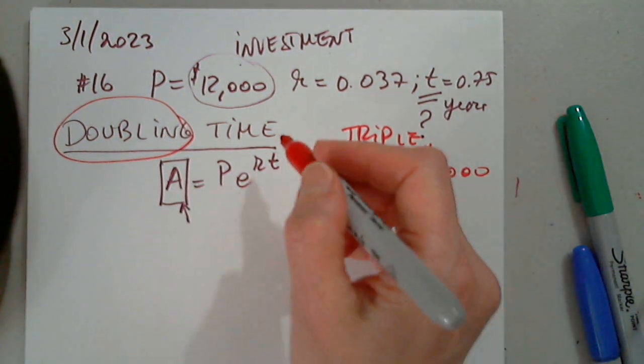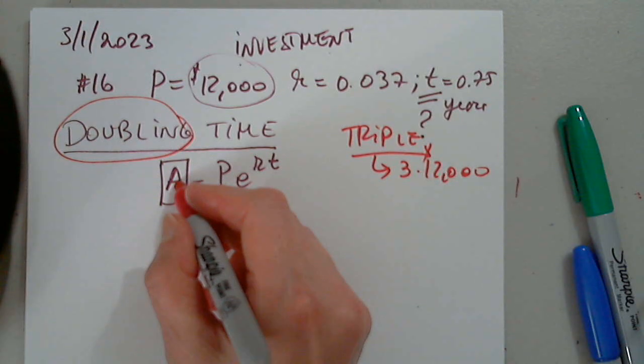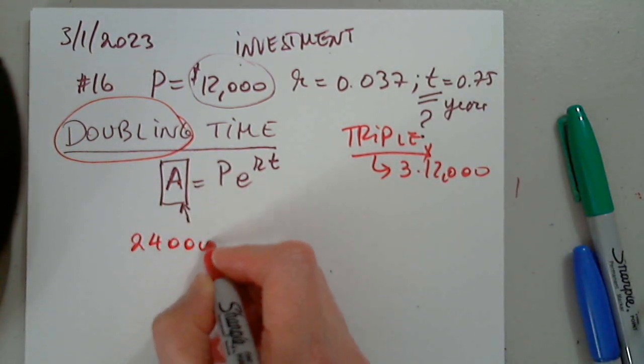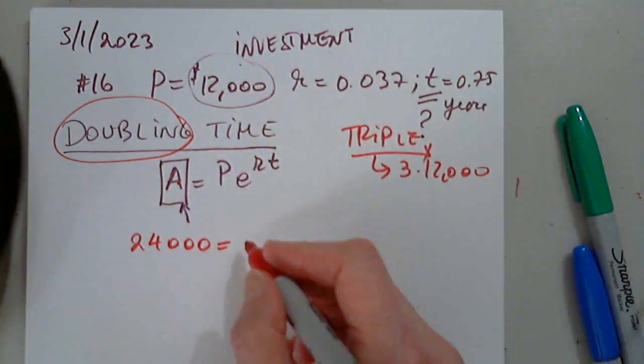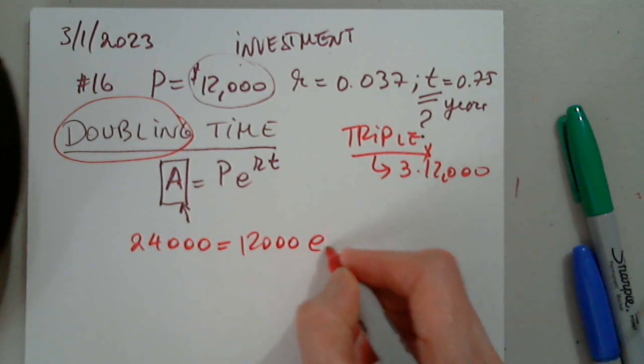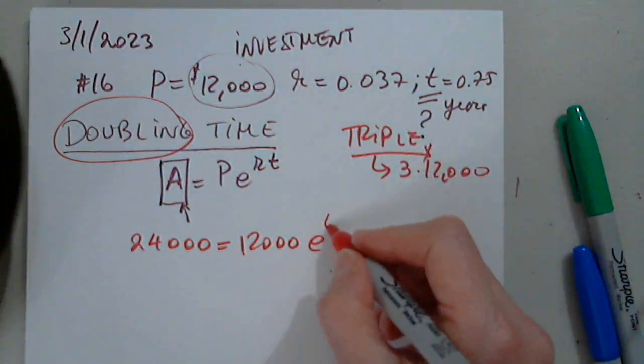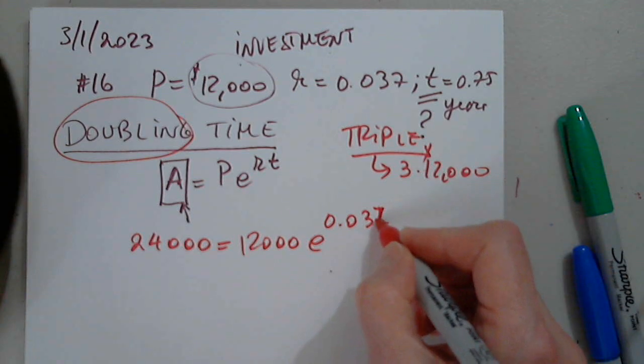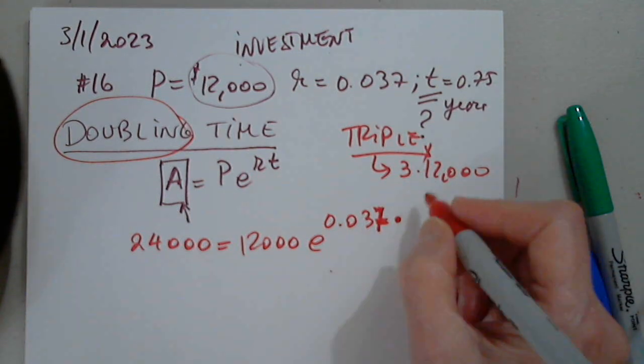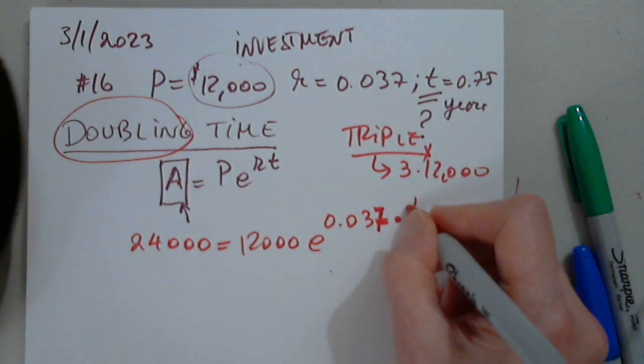Okay, so now doubling time means when the accumulated value is 24,000, the principal is still 12,000, of course, e to the r, 0.037 times I don't know.